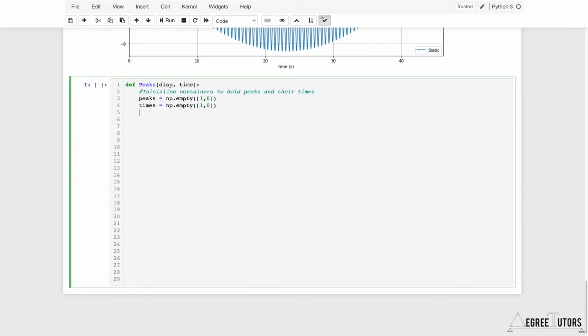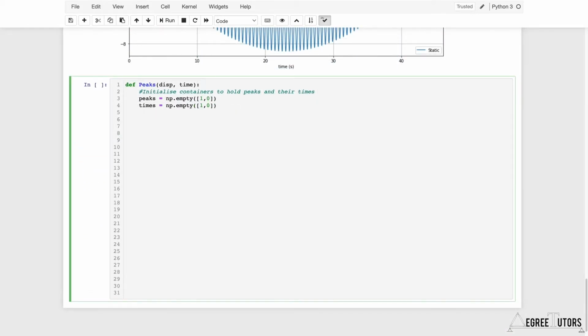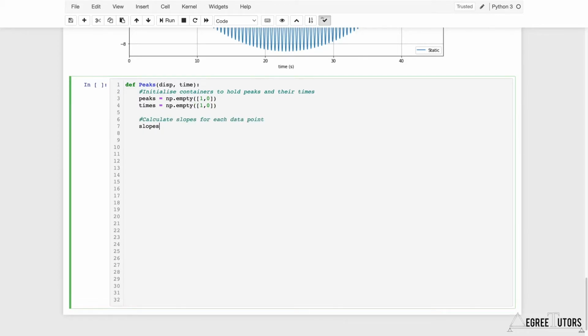The first thing I have to do is work out, for every point along my displacement oscillation, that blue line, what's the slope. So calculate the slopes for each data point. Again, I'll define a container here. I know exactly how many slopes I'm dealing with, so I won't bother defining an empty array. Instead, I'll define an array of zeros that's the correct length.